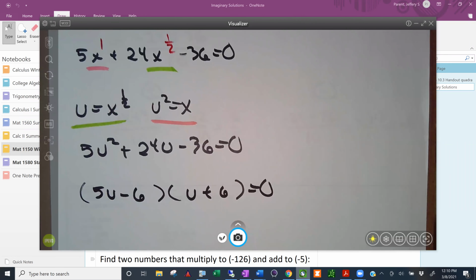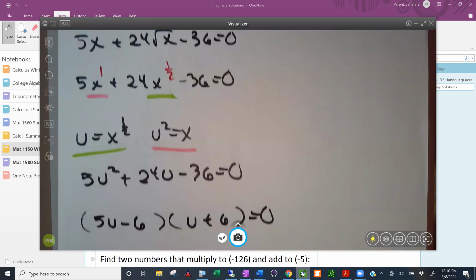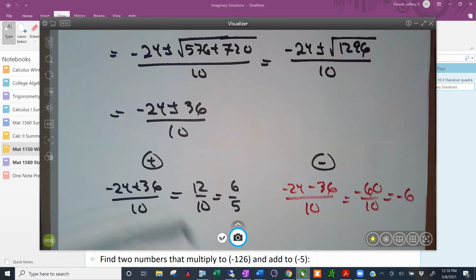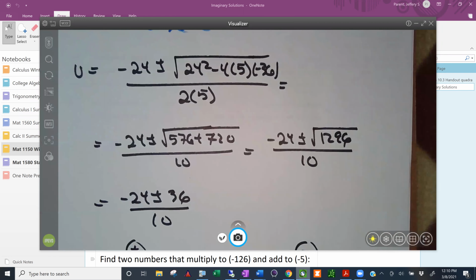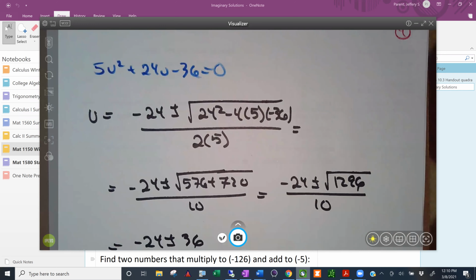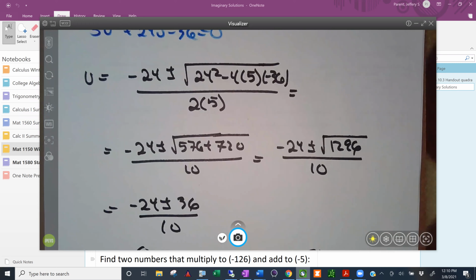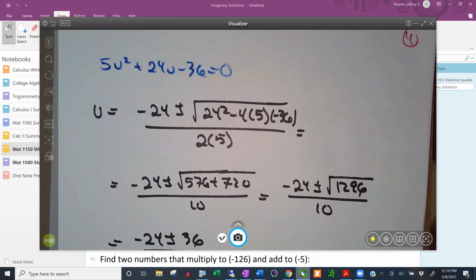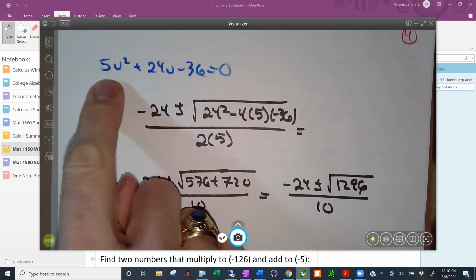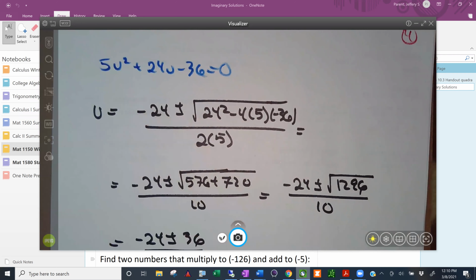If you can't, then this is what you get to do. You get to use the quadratic formula, which isn't a whole lot of fun, but the quadratic formula does work. So starting out here, A, B, and C, plug it all in, simplify it some more.